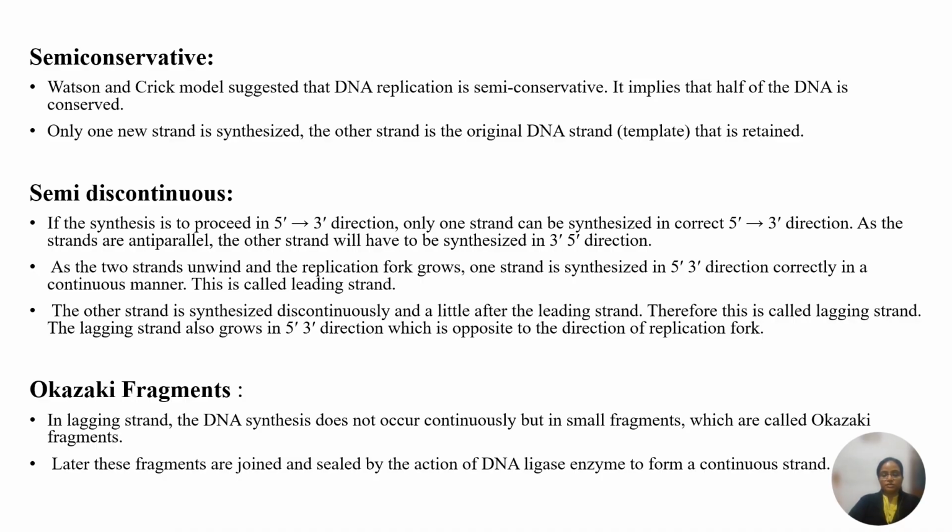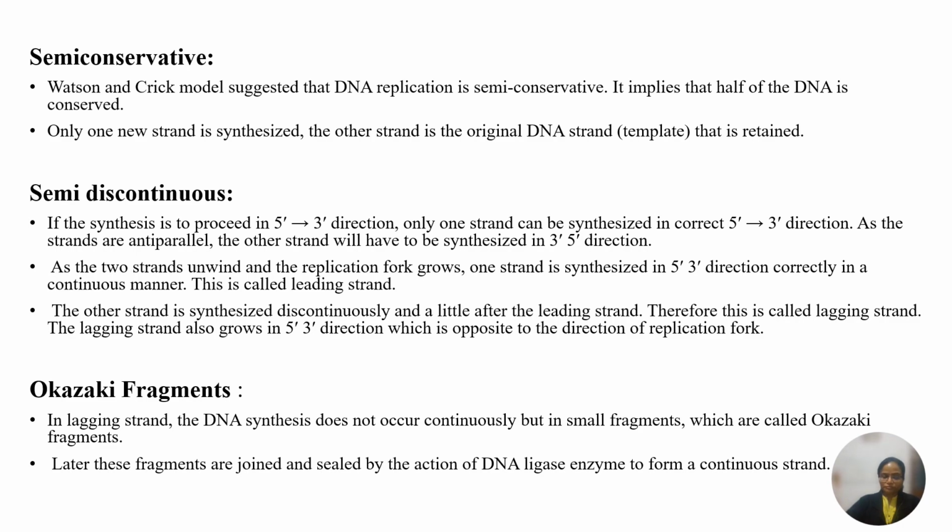So what we see is that on one template strand, the new strand is being synthesized continuously, right? But on the other strand, it is being synthesized not continuously but discontinuously. Discontinuously means it is being synthesized in fragments, right?